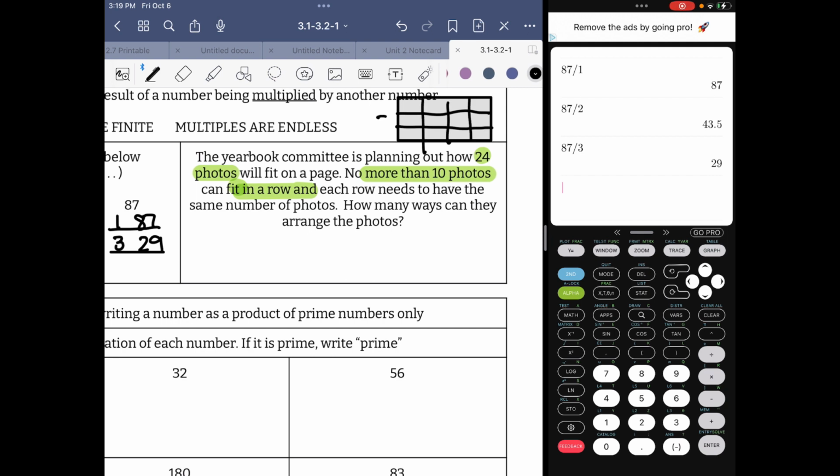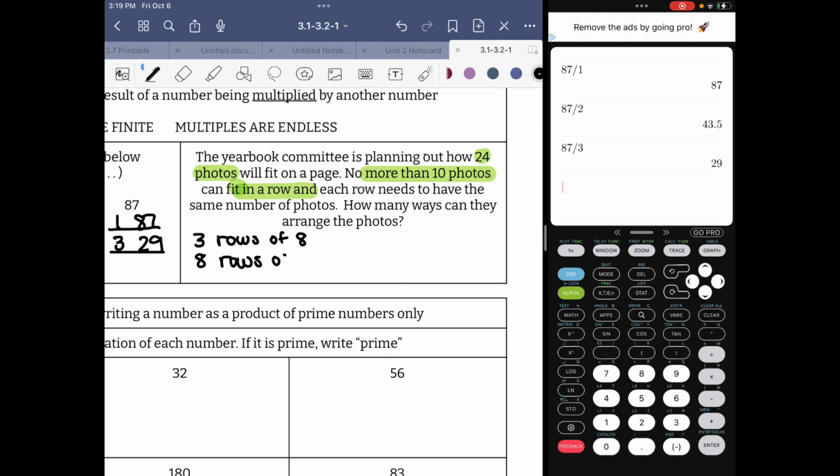Like this would be 3 rows of 4 or 12 because 12 photos because 3 times 4 is 12. So I need to find 2 numbers that multiply to 24, like 3 times 8. So I could do 3 rows of 8 or 8 rows of 3.